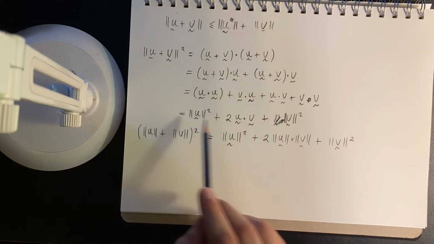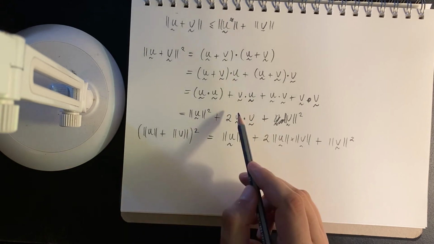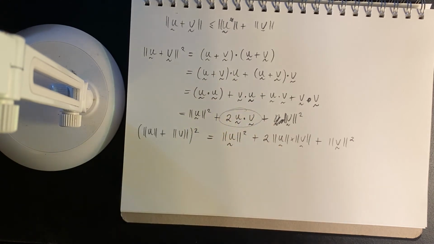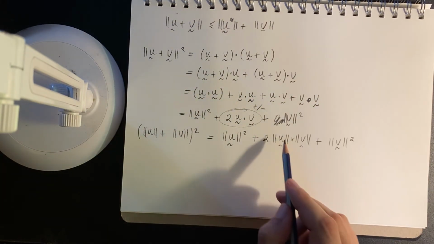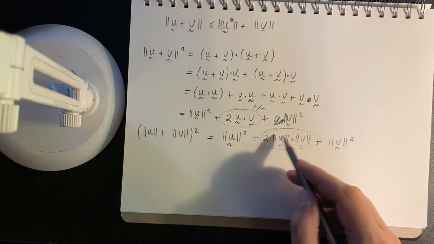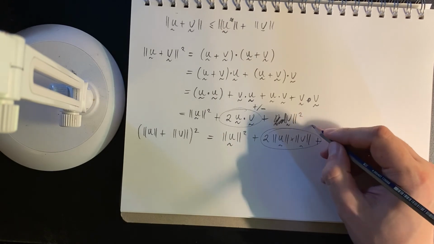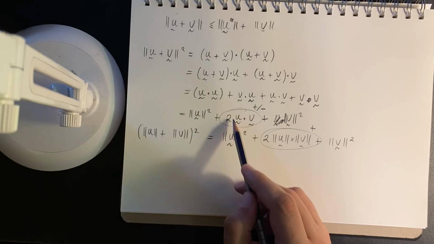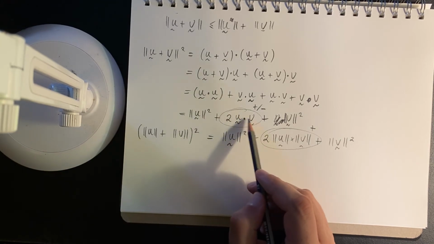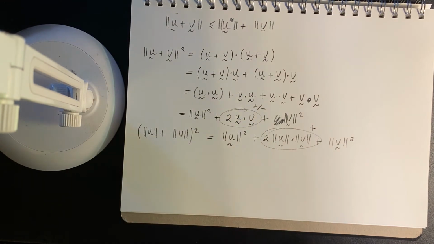Okay, and now if we compare this line to the line above, well, this expression here can be positive or negative, and this expression here, because we're taking the norms of those vectors, can only be positive. Just double checking that. And this is well-defined, because remember, this operation will produce a real number.